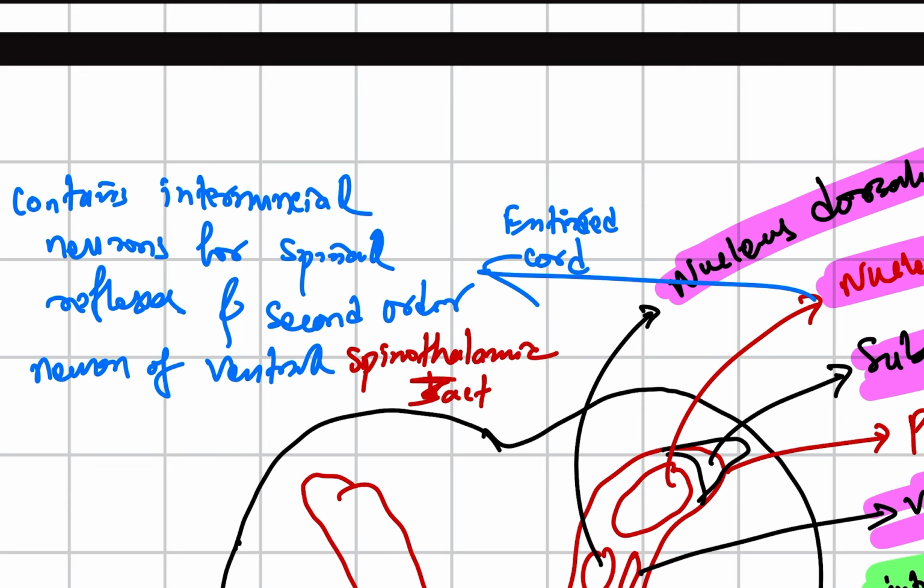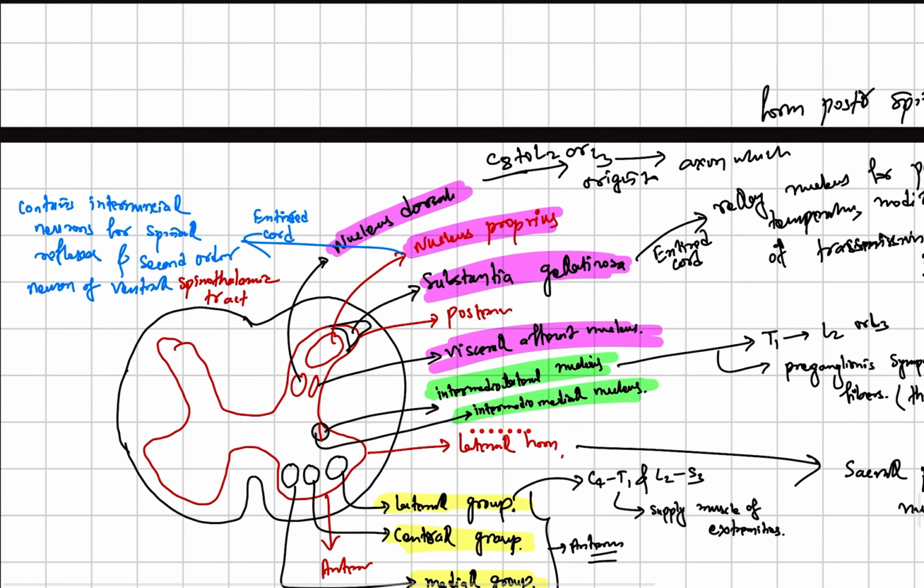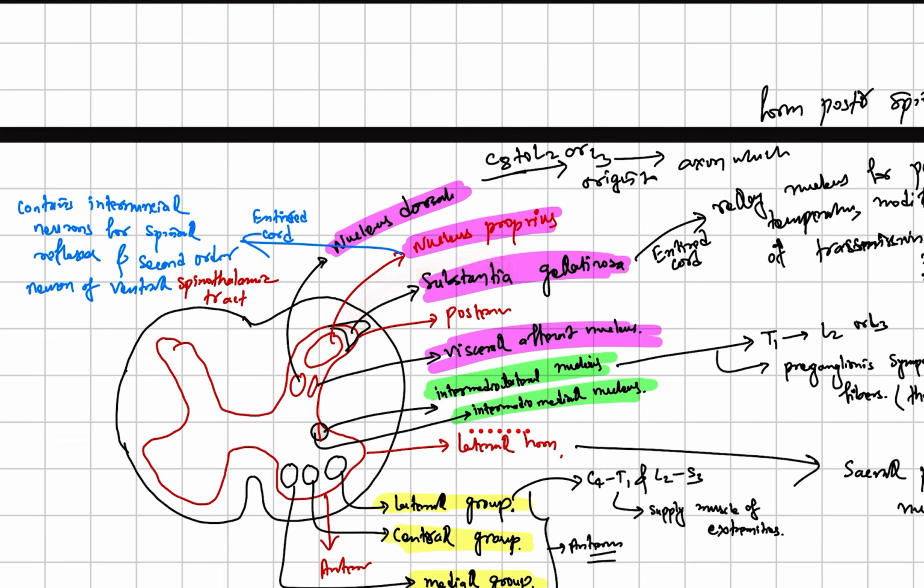We will discuss further in a coming video regarding tracts. When sensory nerves come in and synapse on the proprius, second order neurons are formed, and their axons go upward to the thalamus. So it is known as the spinothalamic tract.